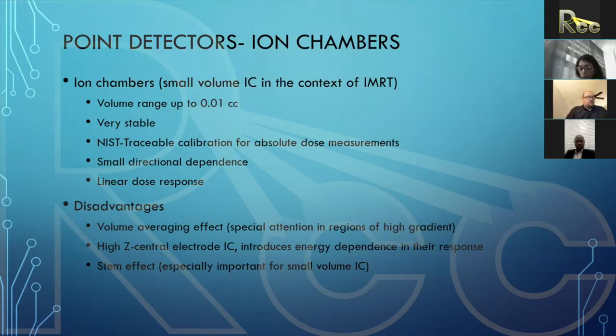When you are using an ion chamber, you have to keep in mind that you are collecting your ions through the active volume cavity of the chamber. So this averaging effect causes a perturbation on your dose measurements, especially in the penumbra region.